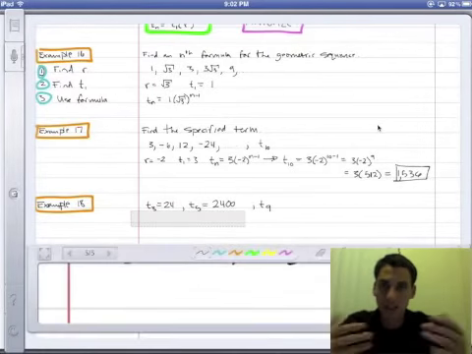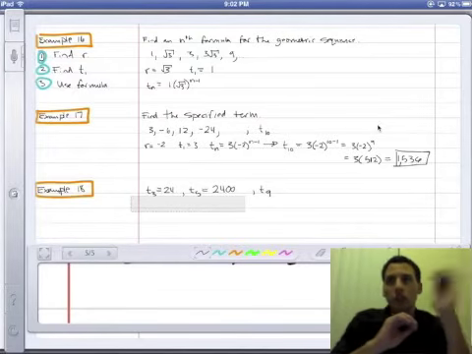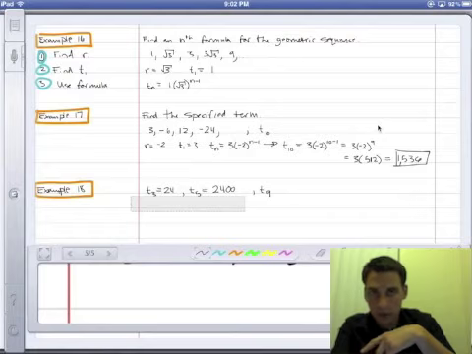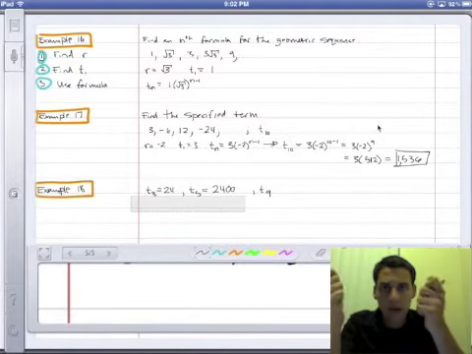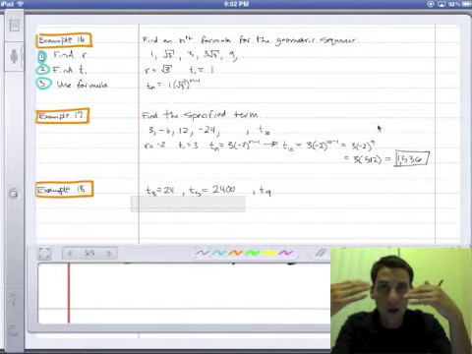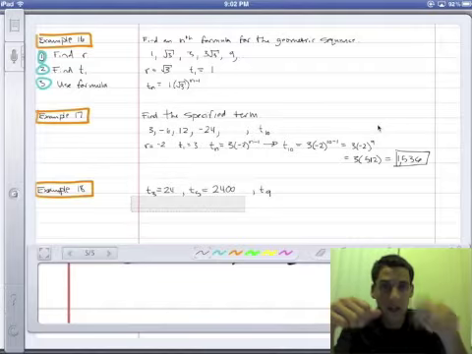So the first thing that we did with arithmetic sequences was take the difference between the later number and the earlier one. But that was because we were adding things each time. In this case, we are multiplying each time by a common ratio.